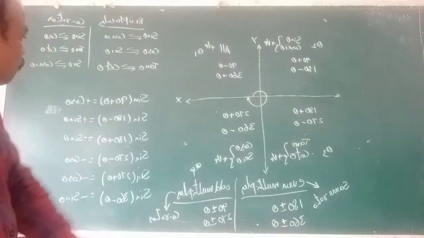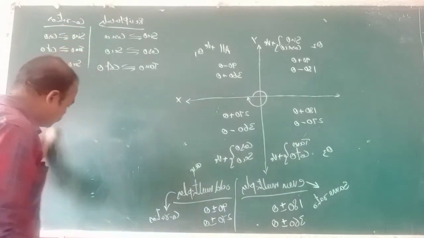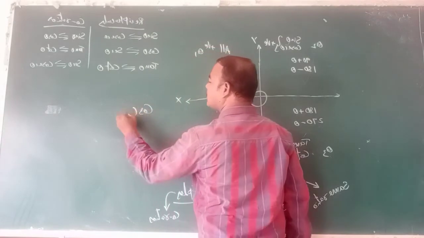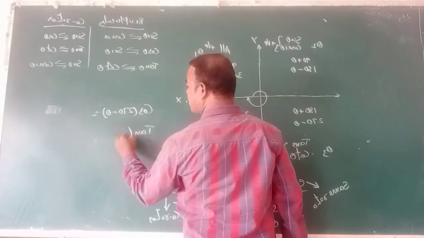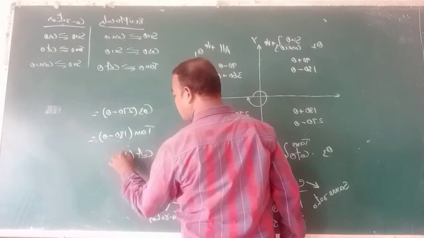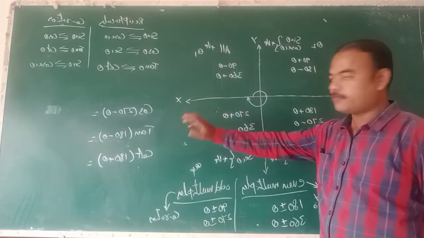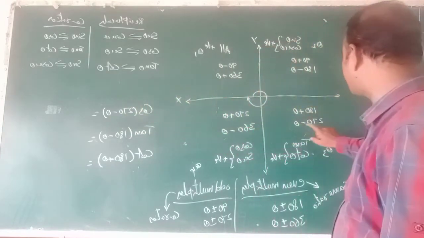Okay, I will take some more examples. Suppose cos of 270 minus theta is there. Now tan of 180 minus theta. Now cot of 180 plus theta. Once again, let's see. 270 minus theta goes to the third quadrant.